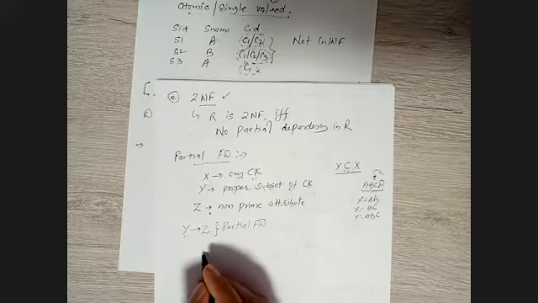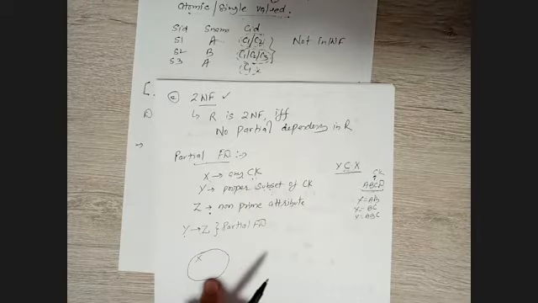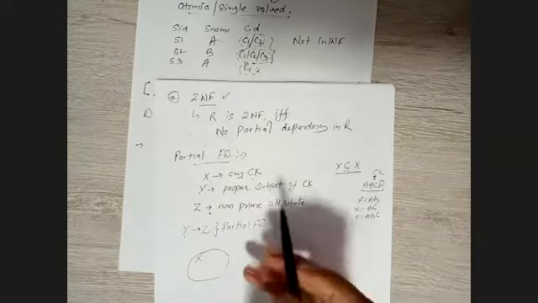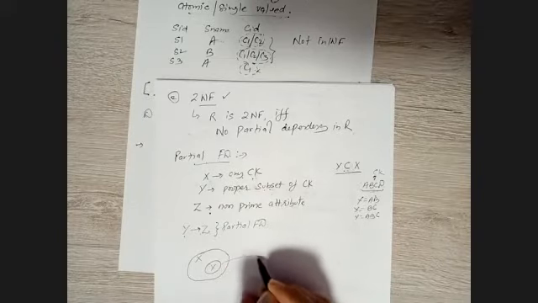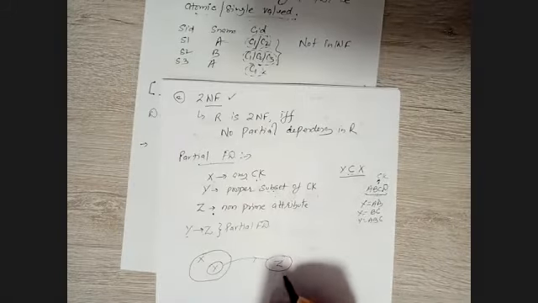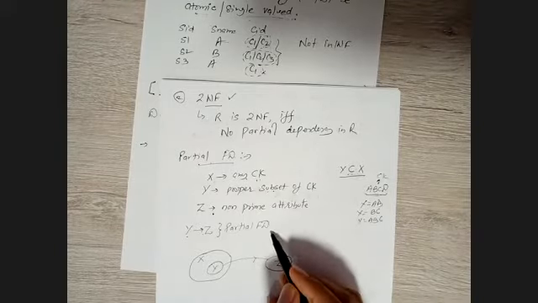For example, X is the attributes altogether for my candidate key, Y is some part of this X, and this Y is determining some other non-prime attribute Z. Then we say this scenario is a partial functional dependency.